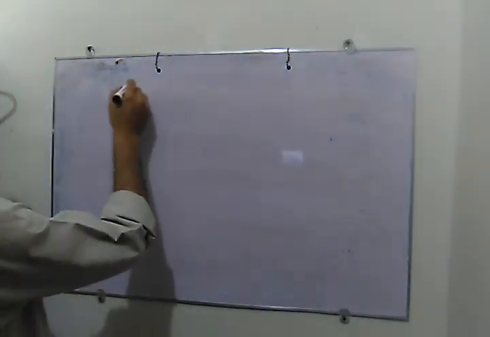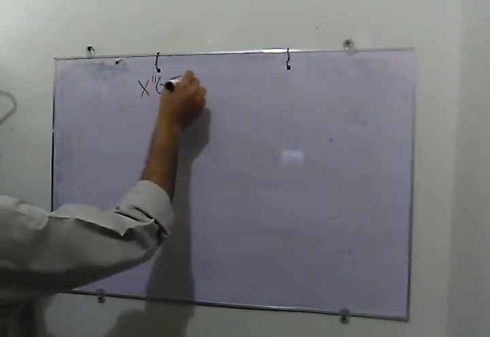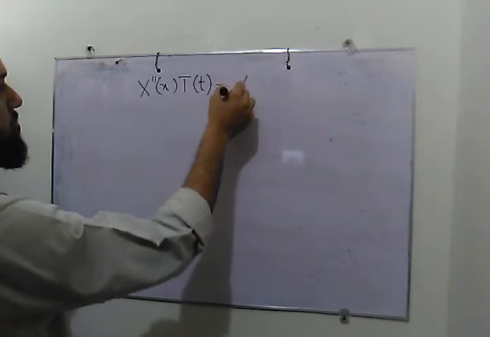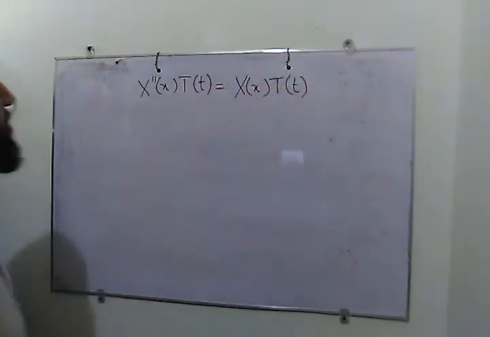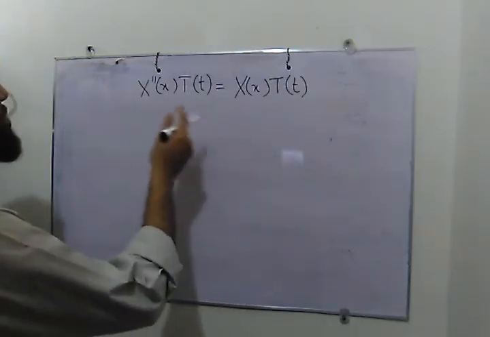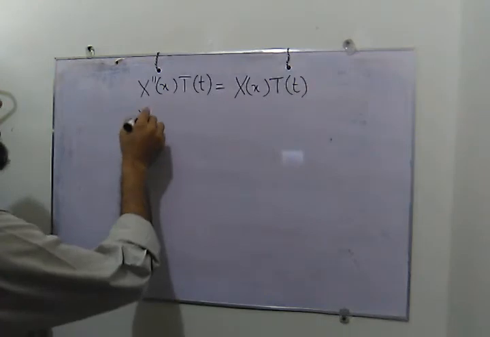It will form like this. We can bring the X variable to one side of the equation and T to the other side, and it will become like this.